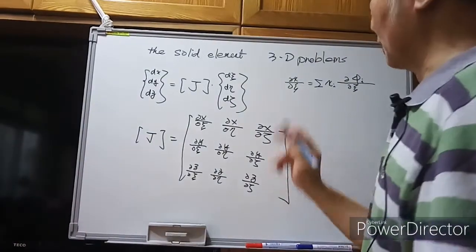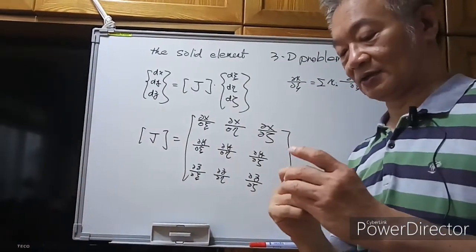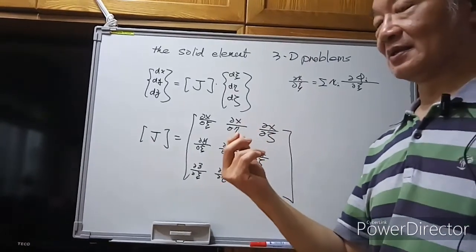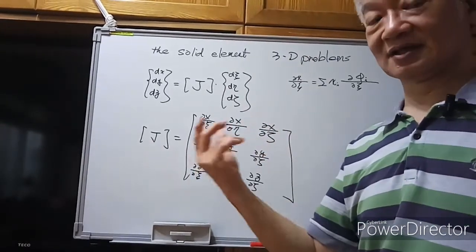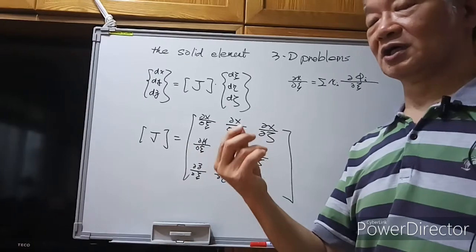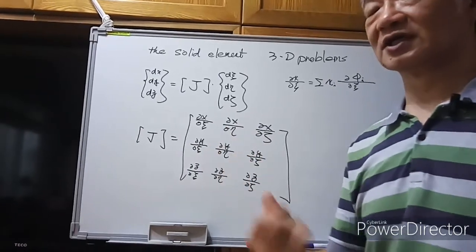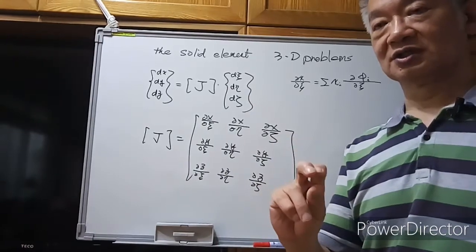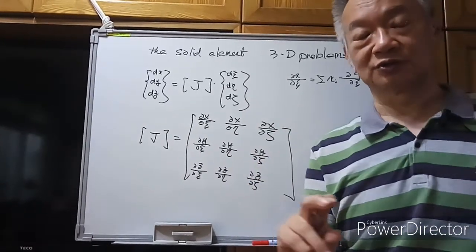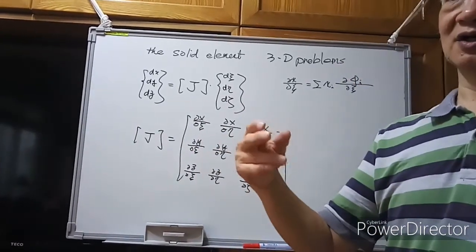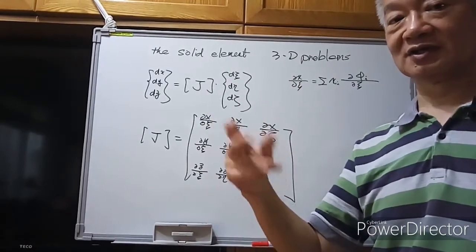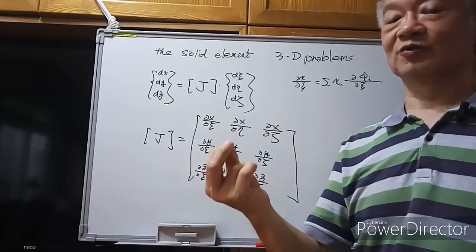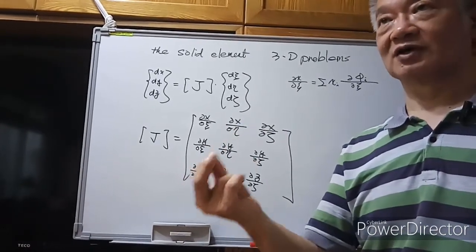Remember the xi cannot be changed. All the nodal coordinates are input from the user. You cannot change the input nodal coordinates from the beginning of the analysis until the end. The xi are always fixed values.